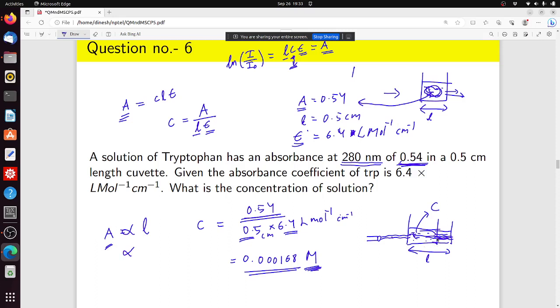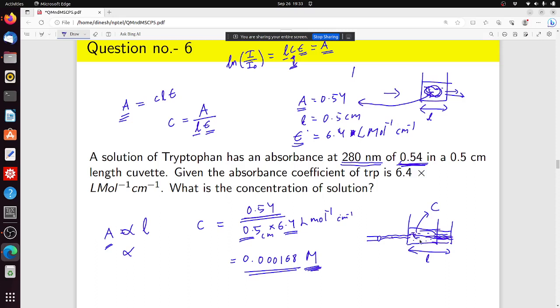If the concentration is more, that means more solute is there in the solution, then the solution will be thick, vaguely speaking, a dense solution.